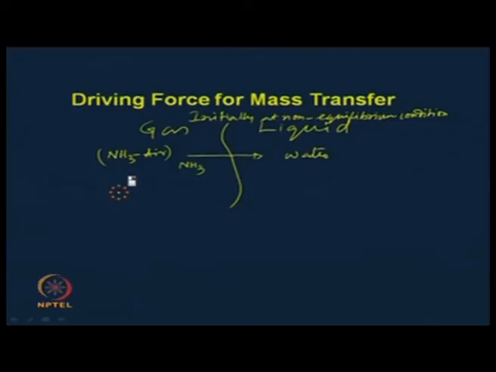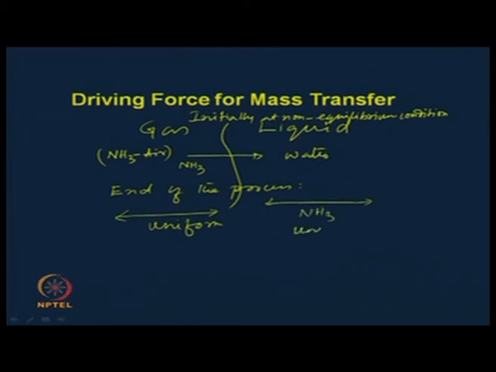So, at the end of the process, what do we see? We see that the ammonia concentration in the gas phase is uniform, whereas in the liquid phase also the ammonia concentration is uniform, but they are at different values.